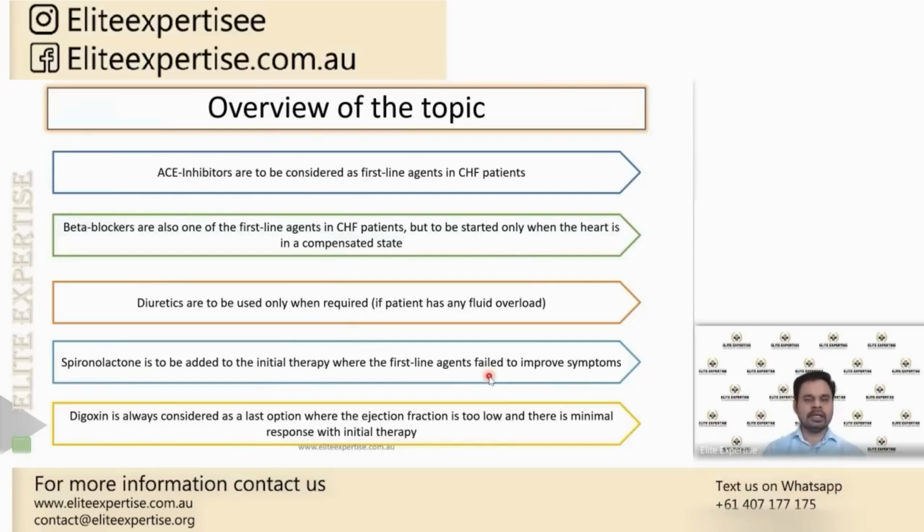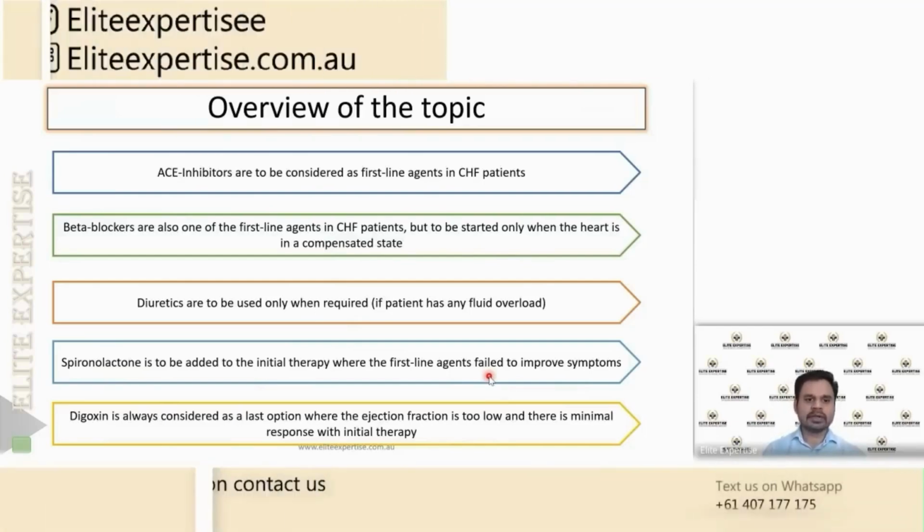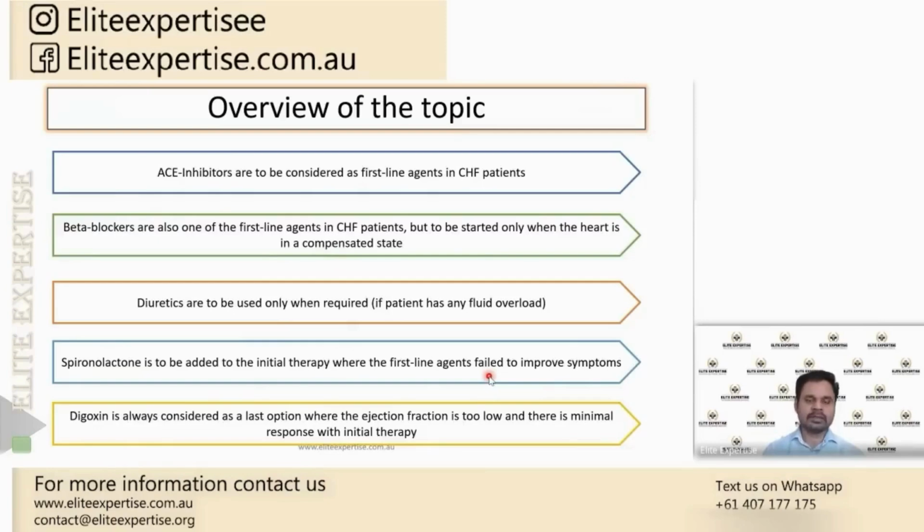Okay. And in the long term, if we put the patient on digoxin at higher doses, the only function of digoxin is to improve the pumping of the heart. So that's the only role of digoxin. It will keep on increasing the force of contractions, so it will keep on increasing the pumping of the heart.